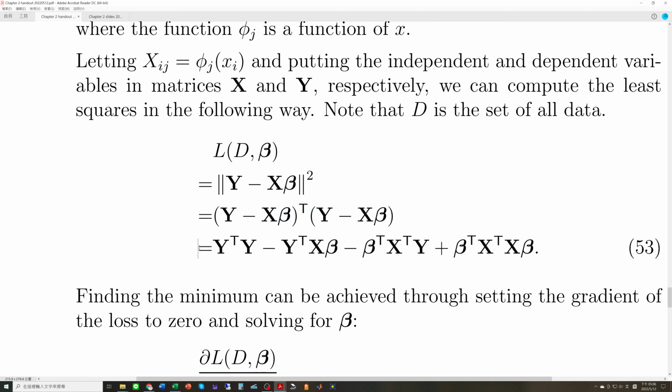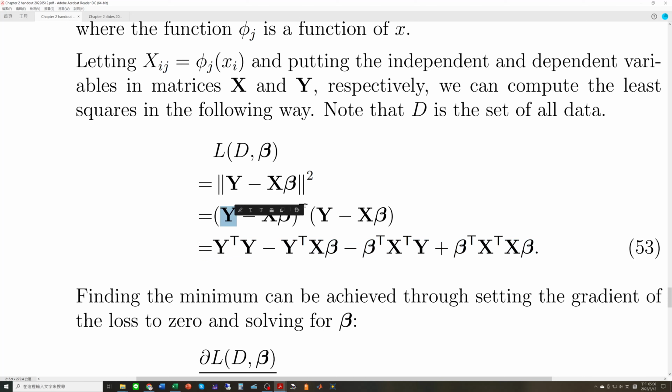Then we can use the distributive law to expand this equation. After the expansion, we will have this equation. How do we obtain it? Let us check it term by term.